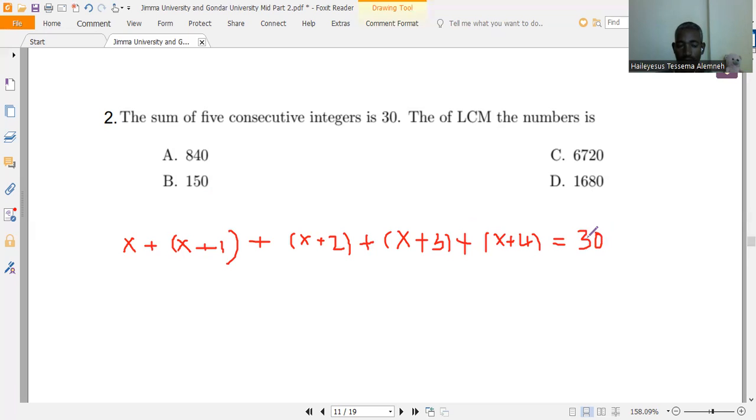So አምስት ተከታታይ ቁጥሮችን ስንደምራቸው ውጤታቸው 30 ነው። አሁን ኤልሲኤማቸው ስንት ነው? ሊስት ኮመን መልቲፕላቸው ስንት ነው?